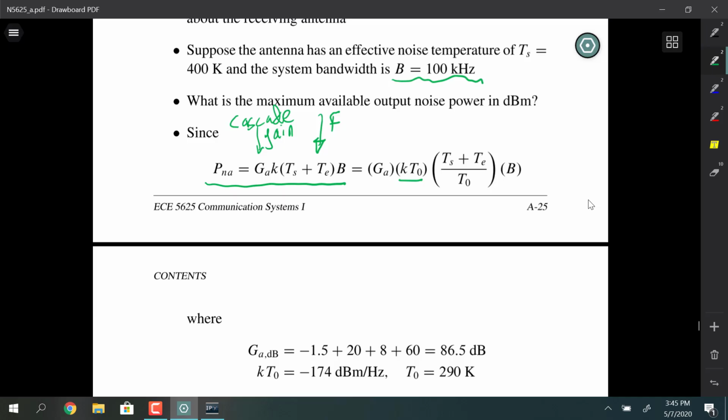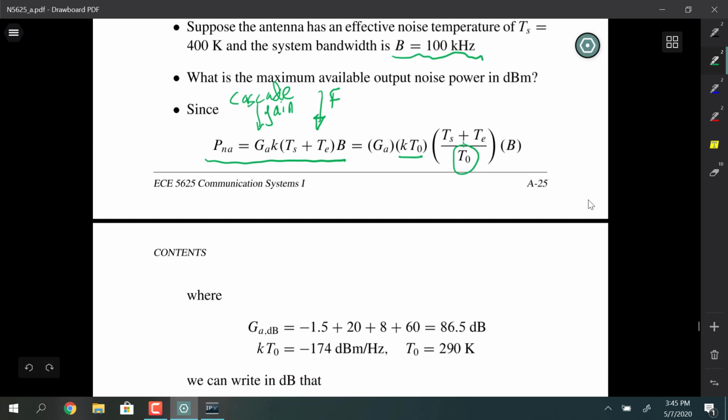So in other words, we've added in a T0, but now we're going to put a T0 in the denominator over here and put that with the other temperatures. And so that's the ratio of source temperature, effective temperature of the cascade, normalized by T0.